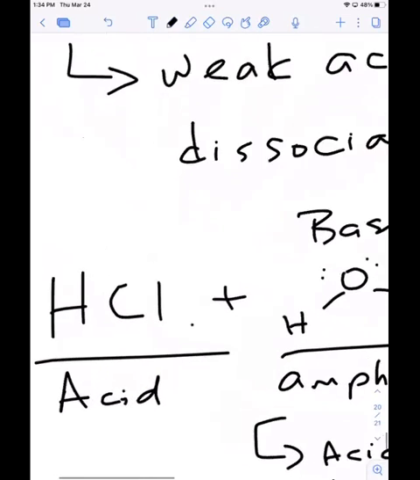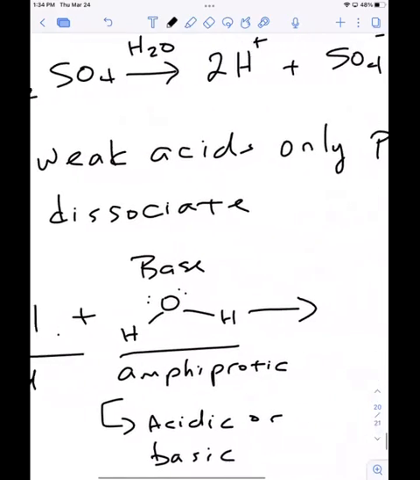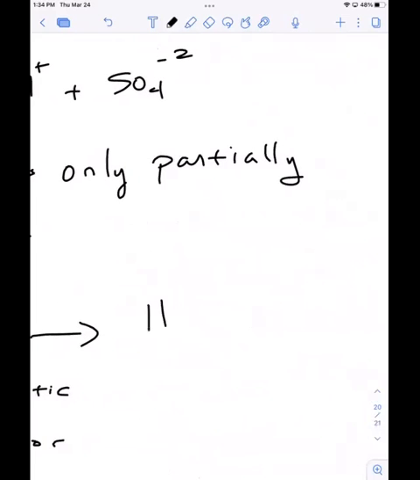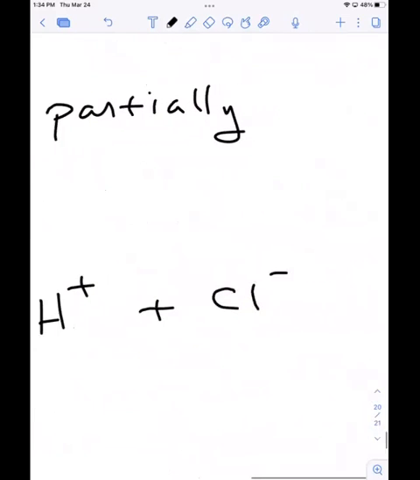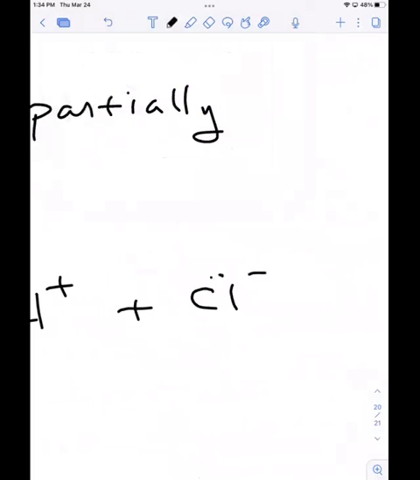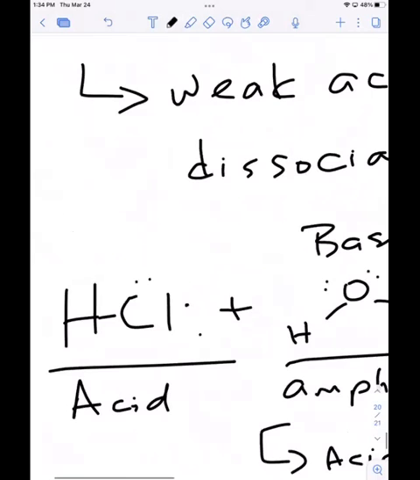When you add HCl to water, you get HCl ionizing or dissociating. And of course, chlorine has 4 lone pairs of electrons around it, and we'll talk about why. Over here, it has 3 lone pairs.